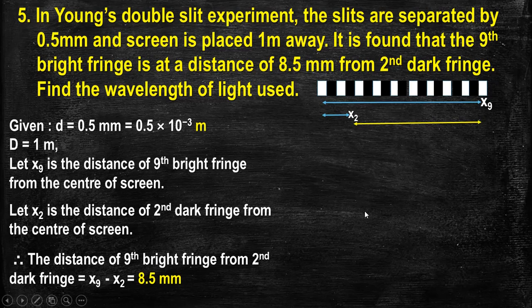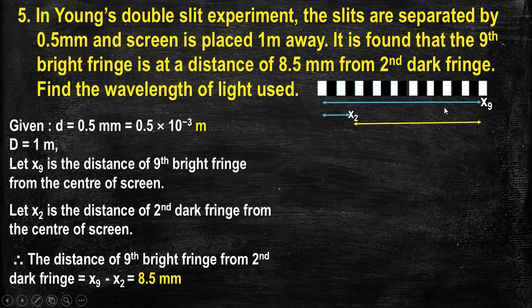Then the distance of ninth bright fringe from the second dark fringe is nothing but the distance of ninth bright fringe from the central bright region minus the distance of second dark region from the central bright region.